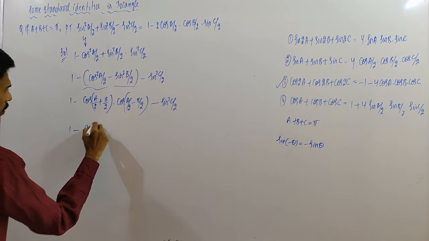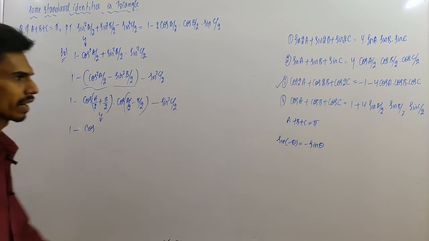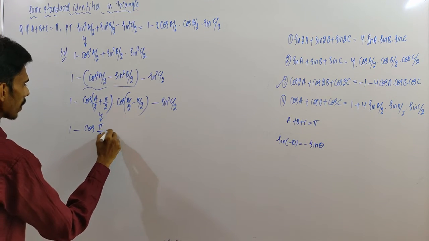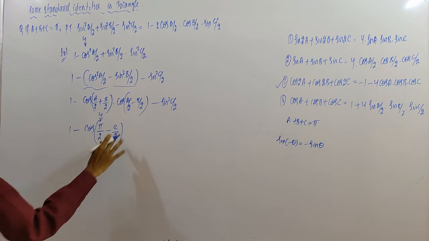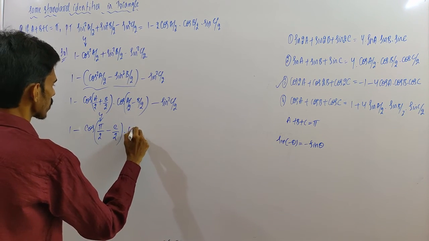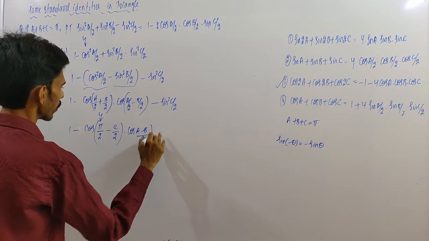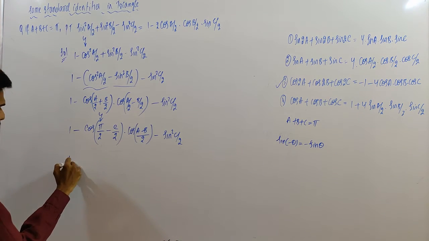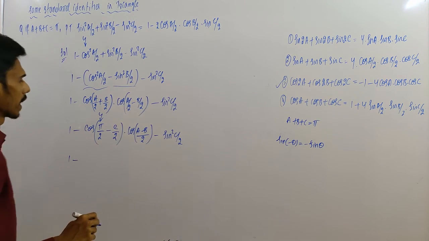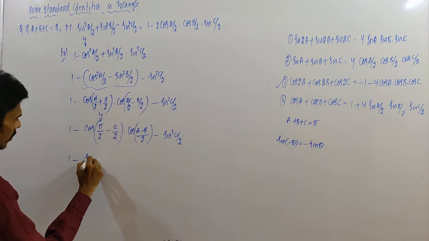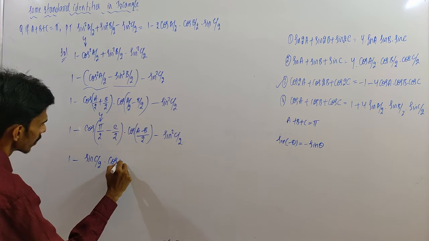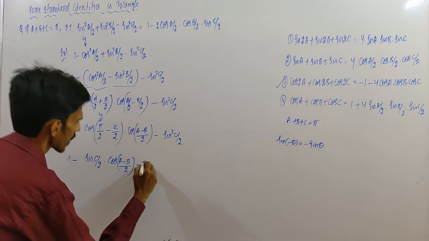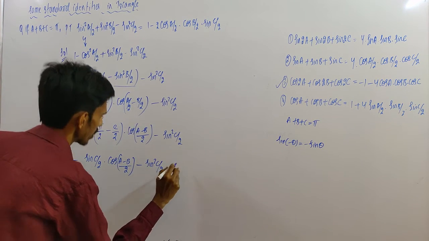1 minus cos, this A by 2 plus B by 2 can be written as, by using this, A by 2 plus B by 2 value is pi by 2 minus C by 2. Pi by 2 minus C by 2 into cos (A minus B by 2) minus sine square C by 2. 1 minus cos (90 minus theta), 90 comes, so it will become sine C by 2 into cos (A minus B by 2) minus sine square C by 2.